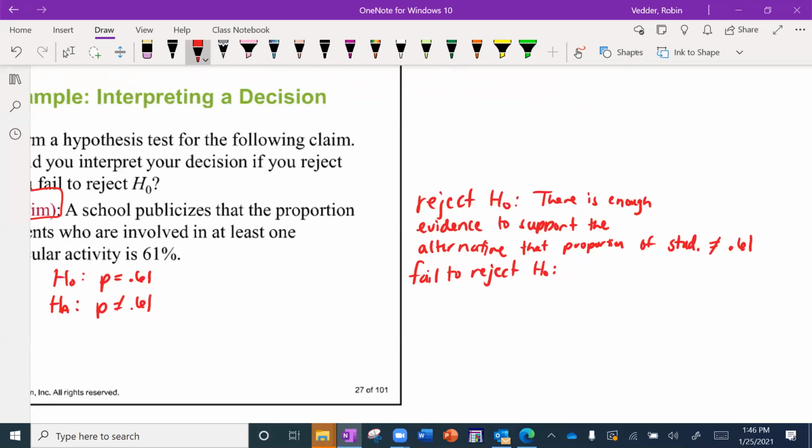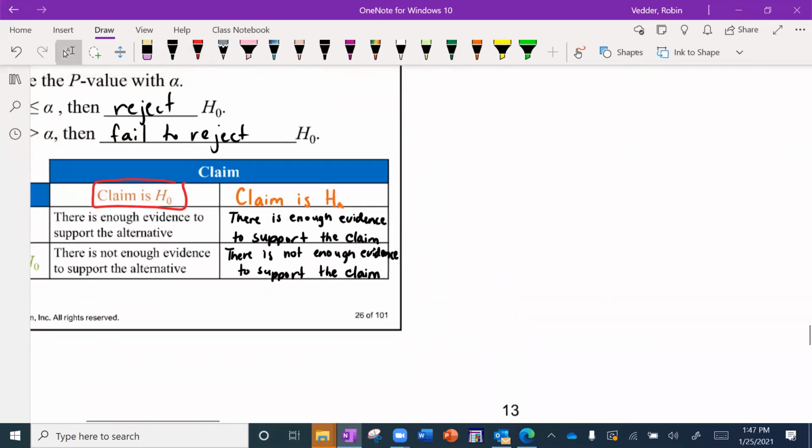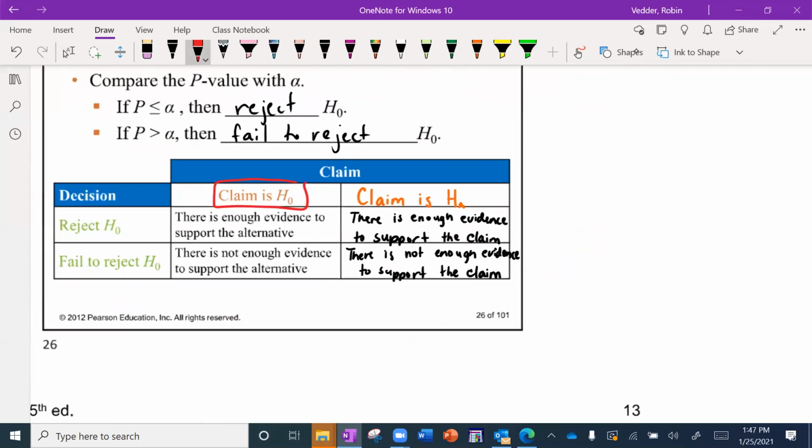All right, let's do the second one, failing to reject the null. Again, go back to the table. Use that same column. It says fail to reject null. There is not enough evidence to support the alternative.